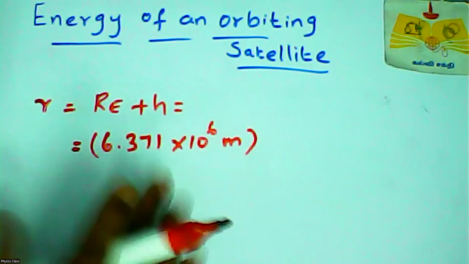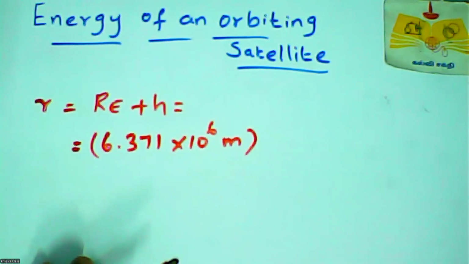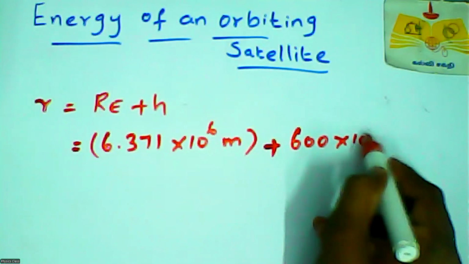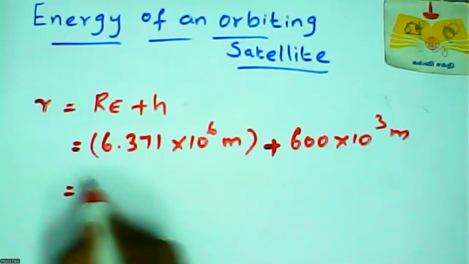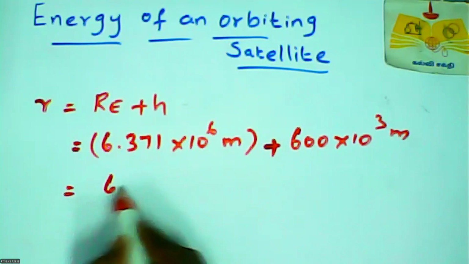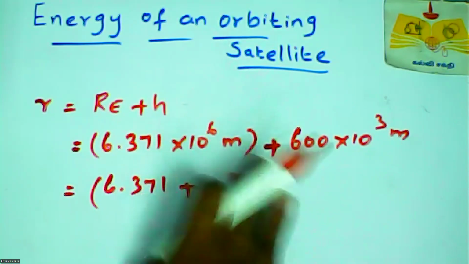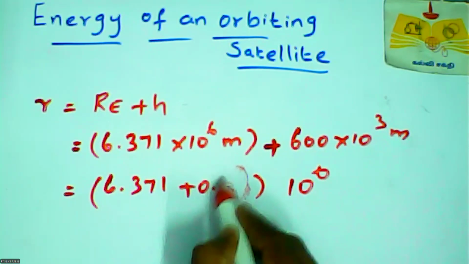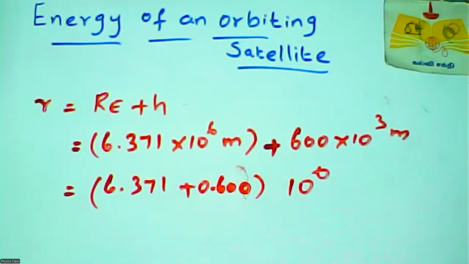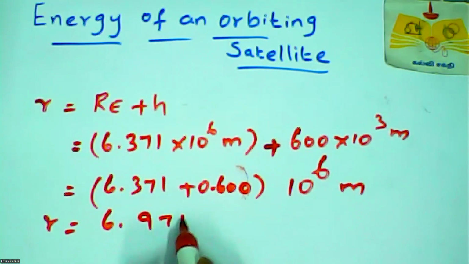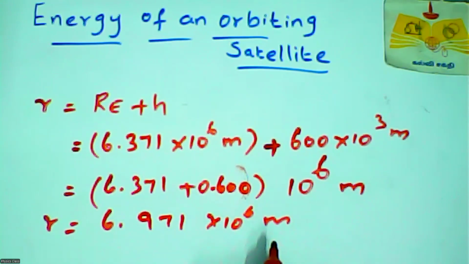But this is the exact value, 6.371 into 10 power 6 meter, plus h, 600 into 10 power 3 meter. Taking 10 power 6 as common, we get 6.971 into 10 power 6 meter. So this is the orbital radius.